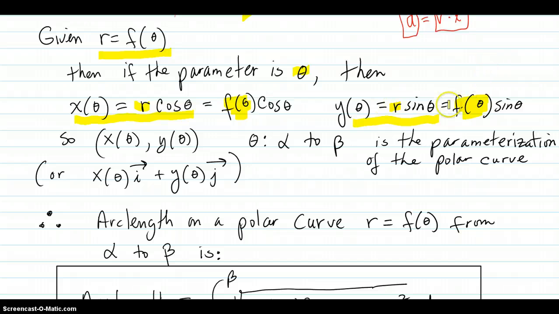So then, with those definitions, you have the parameterization with coordinates x of theta, y of theta, very similar to x of t, y of t, and there has to be a range of values, and that's from angle alpha to beta, but really it's just a parameter alpha to beta. So that's the parameterization, and of course this is the vector form of that parameterization.